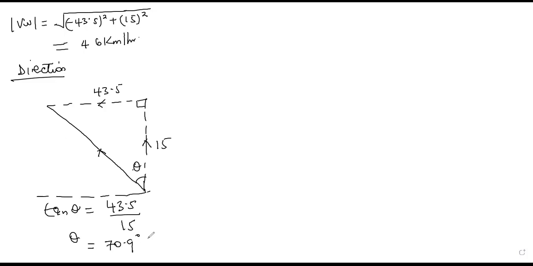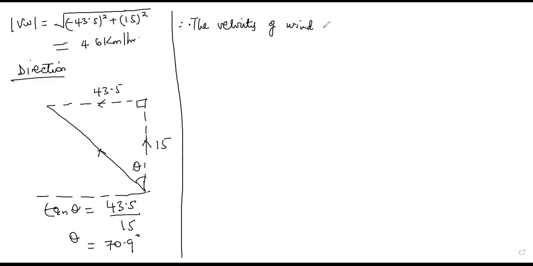You'll say, therefore, the velocity of the wind, actually, let me write this conclusion because I've already talked about it in words. So therefore, the velocity of the wind is 46 kilometers per hour in the direction.